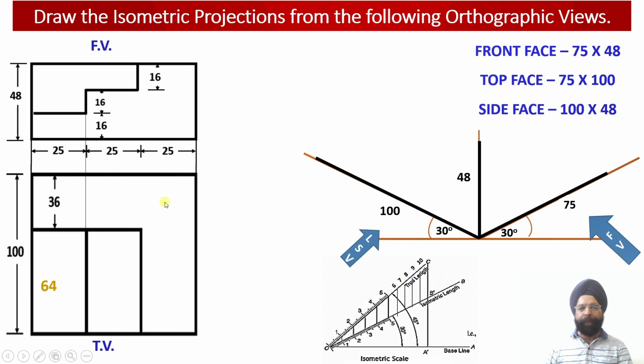As the web turns towards the left, this width increases to 36 millimeter, right? So this web starts with 25 millimeter length over here. This is the thickness which is occurring from the top view. This is equal to 25 millimeter. As this web turns towards the left side, this width is equal to 36 millimeter.